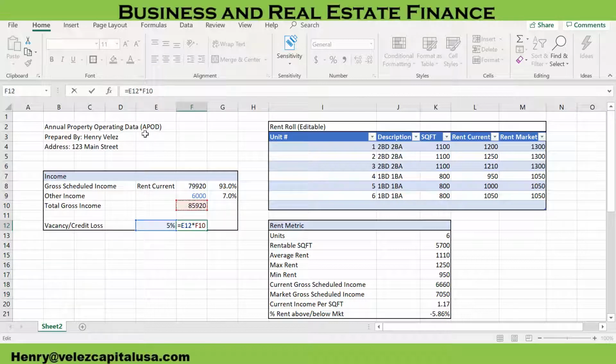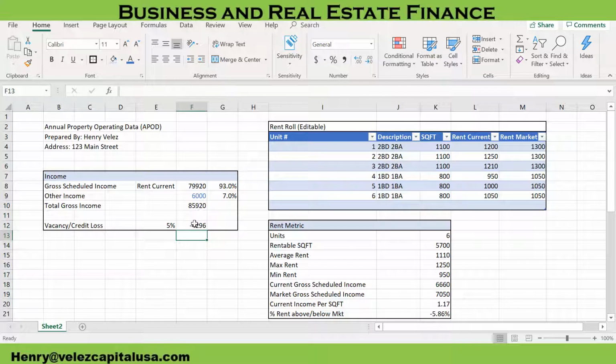And let's put a negative in front of it because it's going to be a negative number. It's going to go away. Okay? And I did this off the gross income because of coin laundry as well. If 5% are gone, there's 5% less coin laundry usage. So it'll drop down that amount by $4,200, almost $4,300. And that populates by itself.